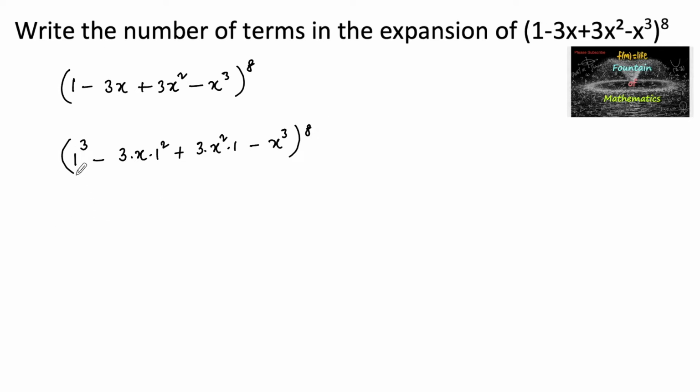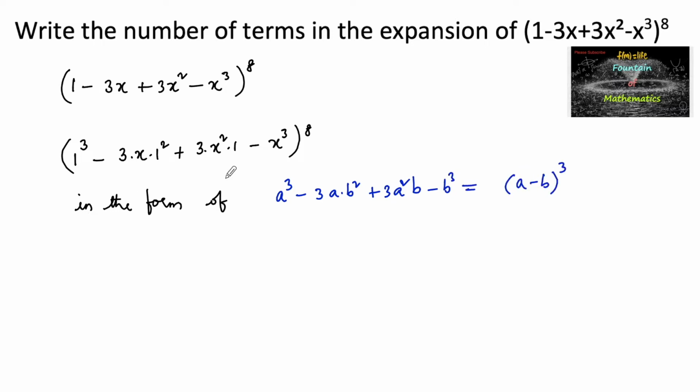That is, it is in the form of a³ − 3a²b + 3ab² − b³, which is equal to (a − b)³. So we can write here, which is equal to ((1 − x)³)^8. That is (1 − x)^24, since (a^m)^n is a^(m×n).